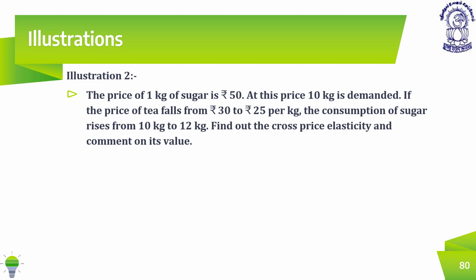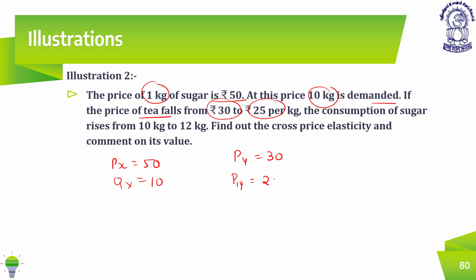Let's see another illustration. The price of 1 kg of sugar is 50, so Px equals 50. At this price 10 kg was demanded, so Qx equals 10 kg. The price of tea falls from 30 to 25, so Py is 30 and P1y is 25.